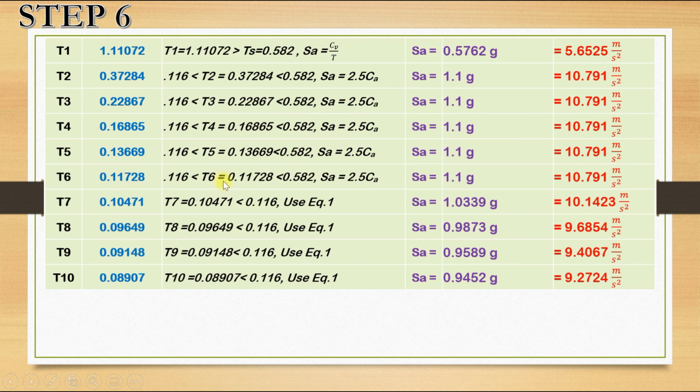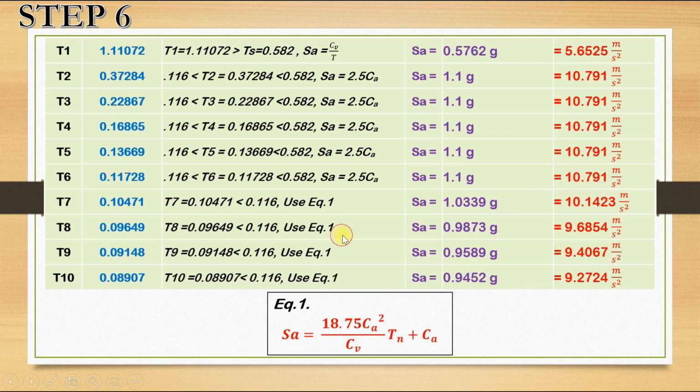So dito naman sa T7, since yung T7 natin which is 0.10471 is less than 0.116, so we will be using this equation. Dahil less than siya, so gagamitin natin na naman ito na equation. So isa-substitute lang natin dito SA.